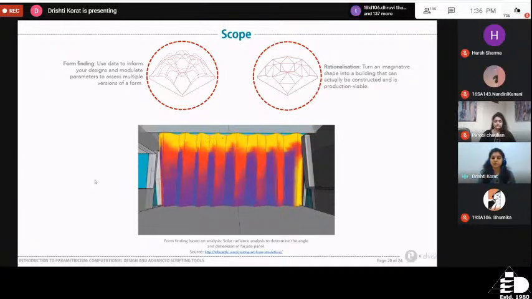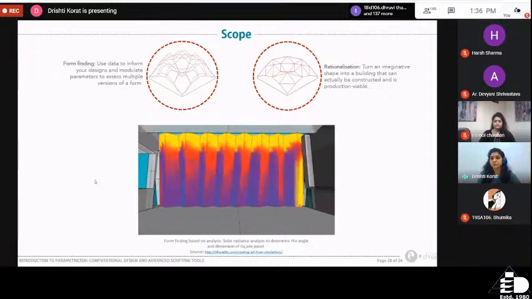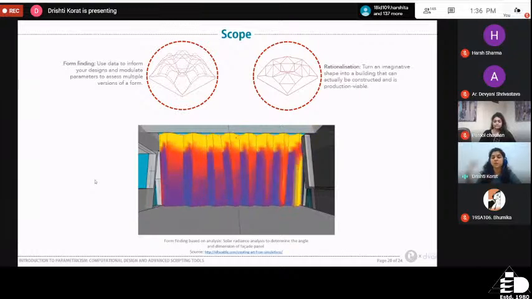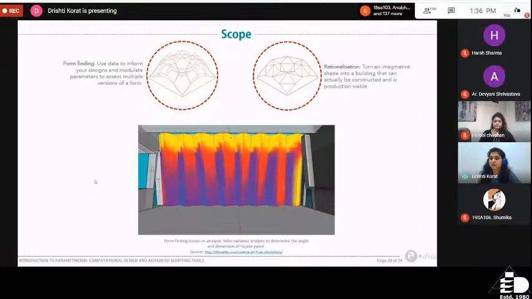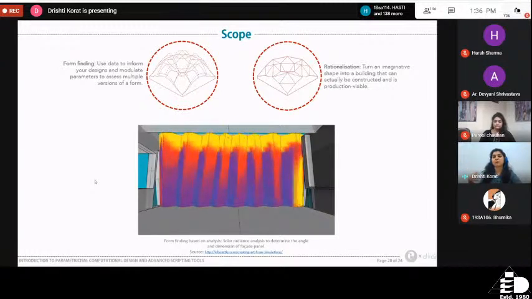So rationalization is basically turning whatever you've imagined as a form or a design into something that can be actually constructed. So breaking that down in the form of material available, or in the form of technology that is available to construct it, and at the same time to make sure that it is viable.